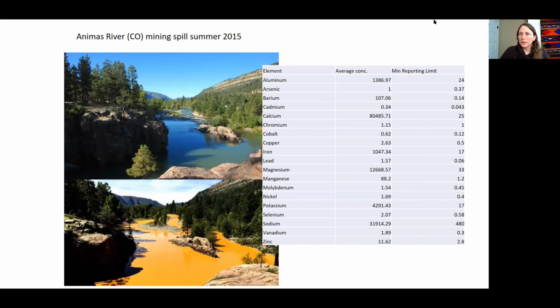We're exceeding the minimum reporting limit for barium, cadmium, calcium, and higher for cobalt, chromium, copper, lead, manganese, molybdenum, nickel, potassium, selenium, vanadium, zinc. All of these things are coming from acid mine drainage and really mucking up the Animas River.